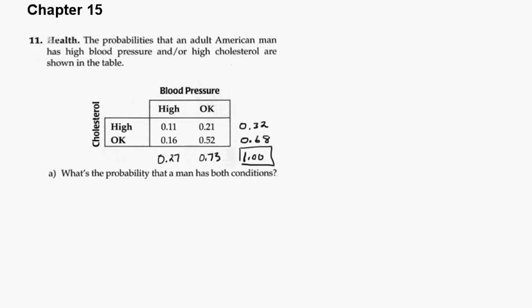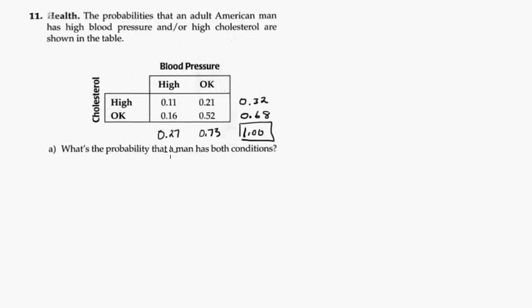Okay, so let's see if we can do these probability problems. What's the probability that a man has both conditions? So he has high blood pressure and high cholesterol, and you can just see that from the table. We would write the probability of both conditions would be 0.11.